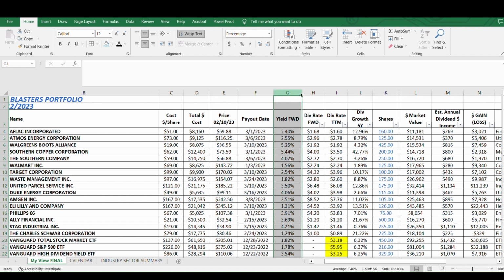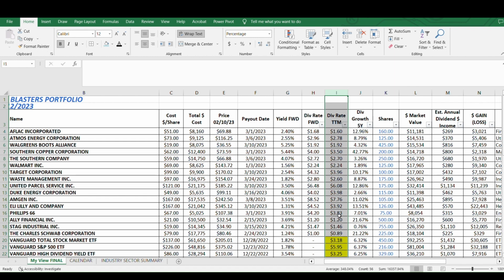Here we have the forward yield. This is an estimate of what the expected dividend yield will be, as a percentage of the price of the holding. Here it is by dollar amount as well. I also have another dividend rate metric, the dividend rate TTM, trailing 12 months, which is a look back at the rate.